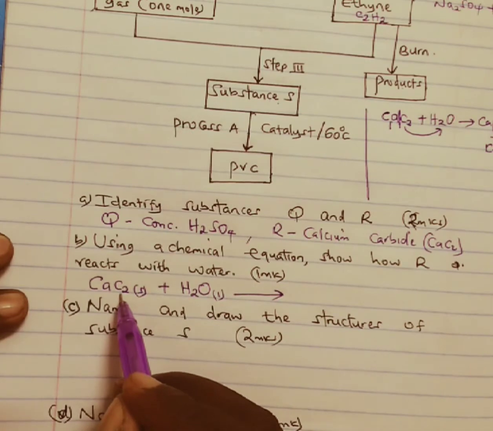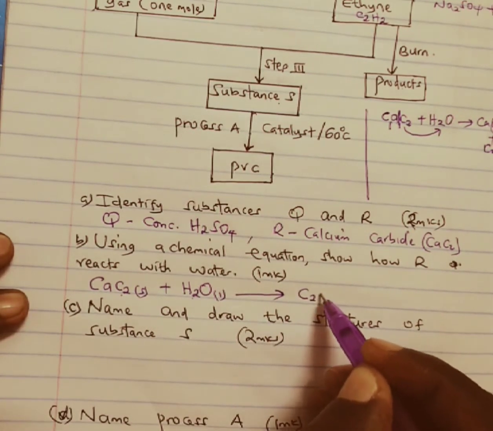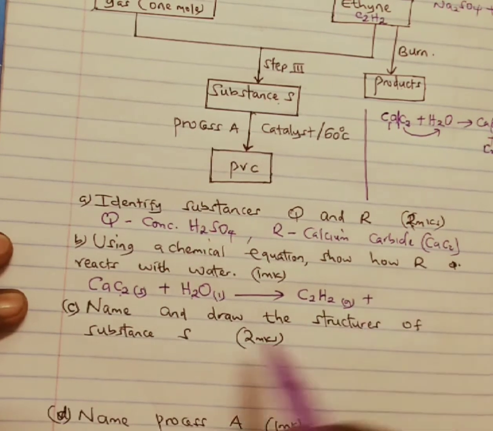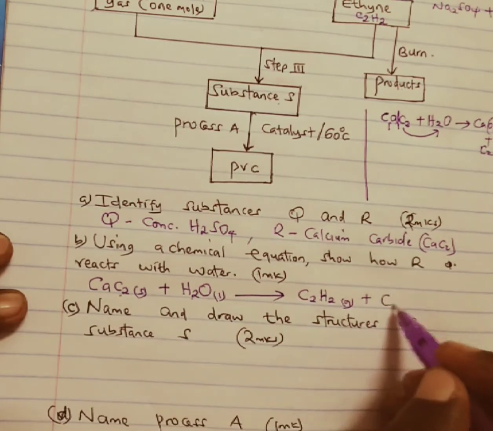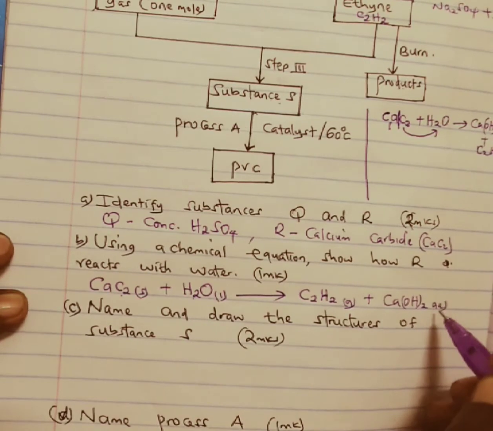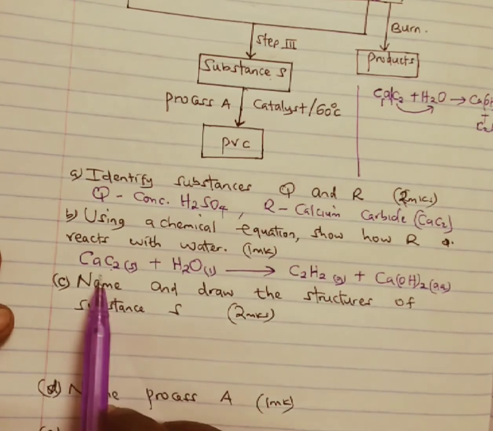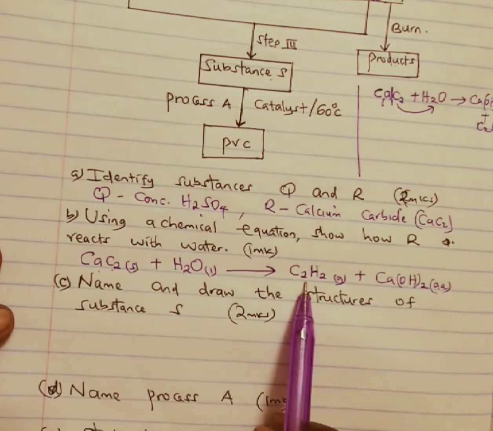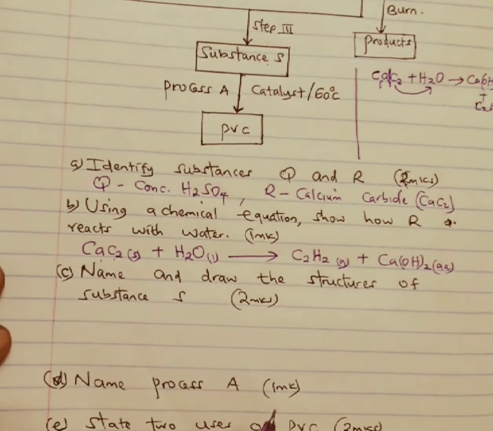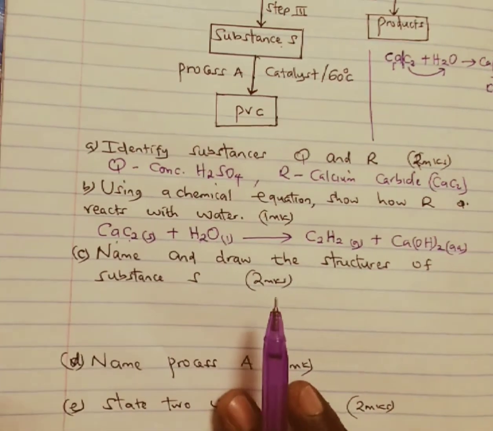Remember, the C2 and H2 combine to give us ethane gas, plus calcium in water will give us calcium hydroxide, which is aqueous. So the reaction between calcium carbide and water produces ethane gas and calcium hydroxide aqueous.